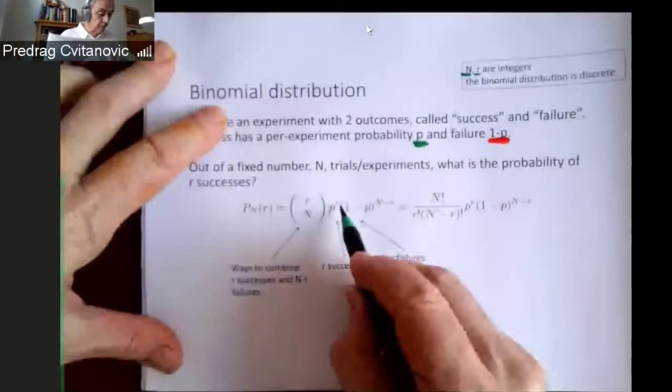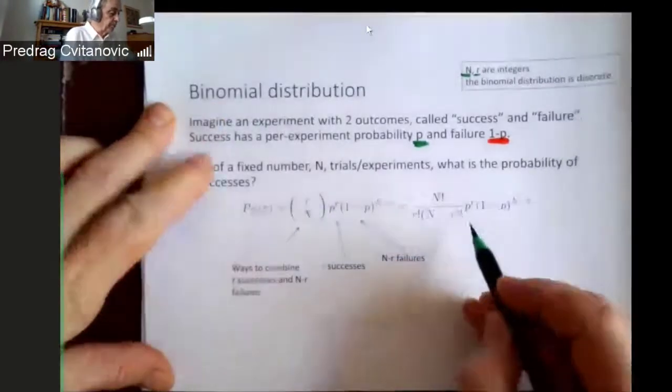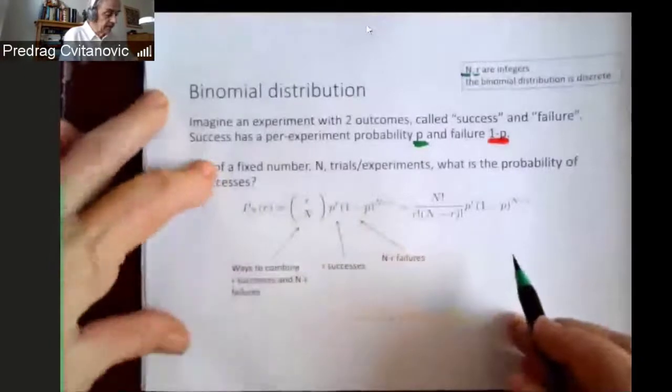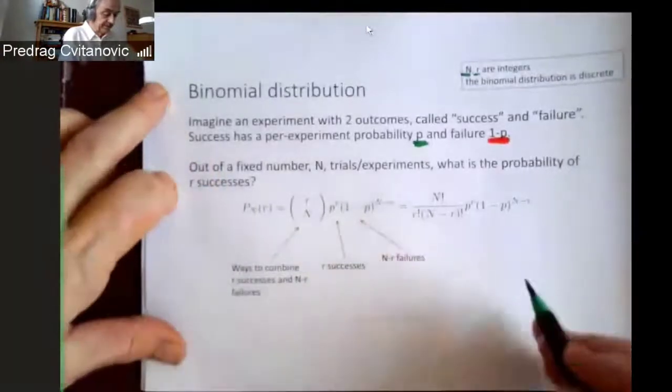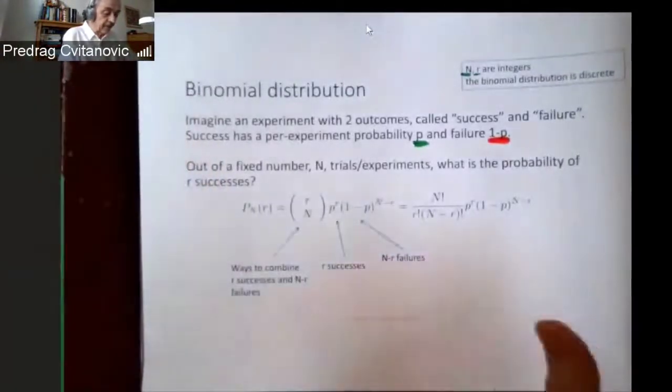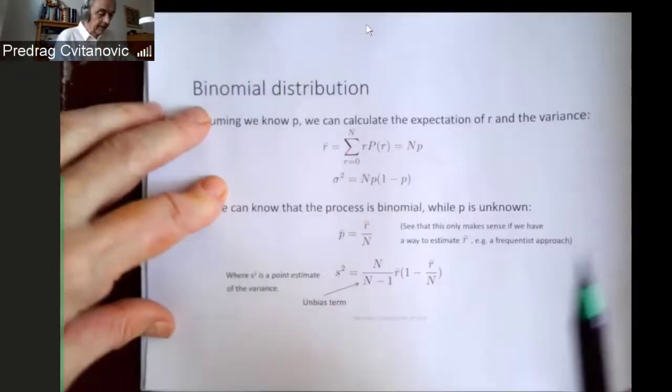Once you have this probability distribution, it's easy to compute the mean or the expectation of r. So that's just given by our probability. And also variance is easy to compute.